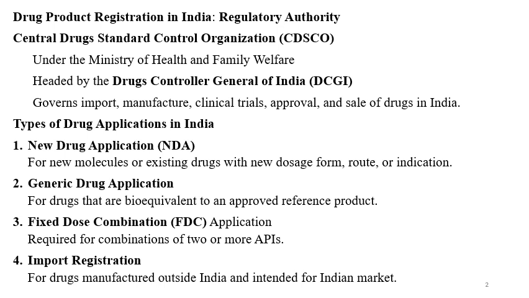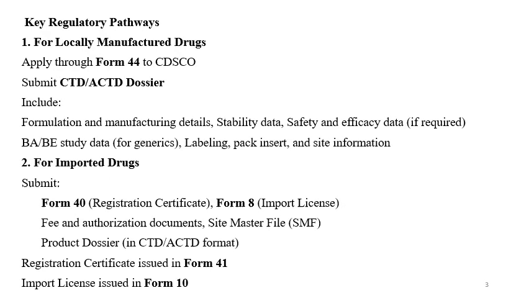Then fixed dose combinations, FDC application. It is required for combinations of two or more APIs. Import registration is for the drugs manufactured outside India and intended for the Indian market. That means these drugs are imported and sold in India.